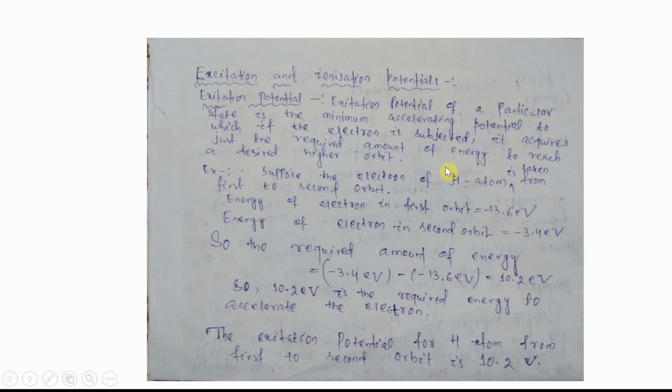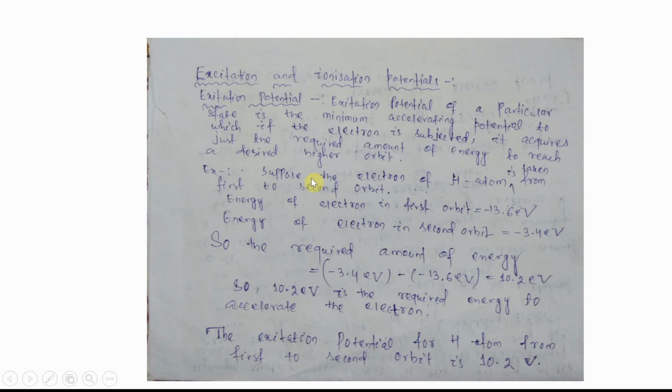So the associated potential with that electrostatic energy is known as the excitation potential. Because we already know the electrons possess different energy in different orbits of a hydrogen atom.